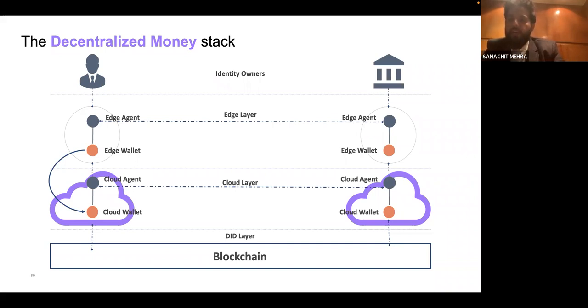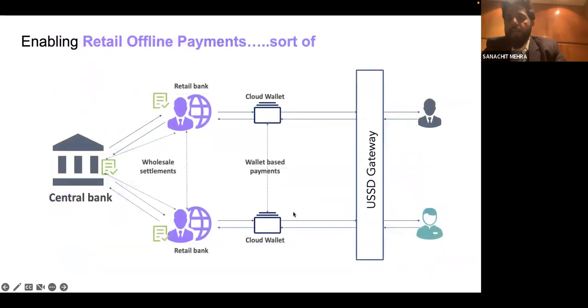So what you see right now is an implementation of a cloud/edge agent, which ends up using blockchain as the central ledger with the commercial banks. Of course, this settlement layer would eventually have to settle with the non-blockchain layer that RBI implements for wholesale settlements. Next slide.